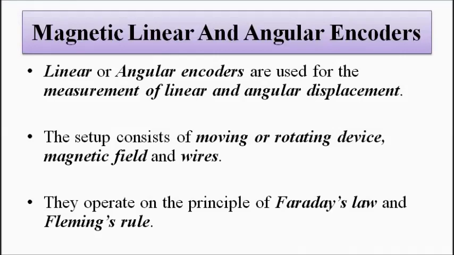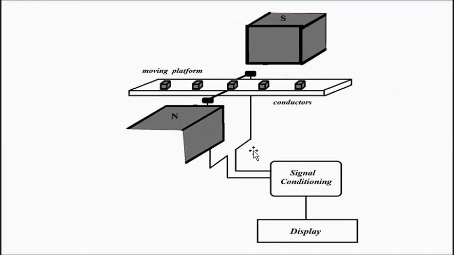The basic setup involves a moving platform, the linear magnetic encoder. The moving platform consists of several conductors that are placed on it.